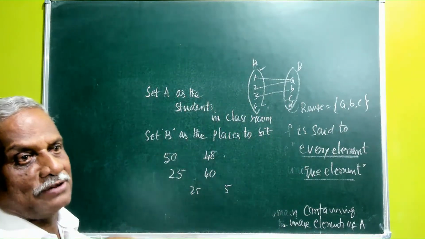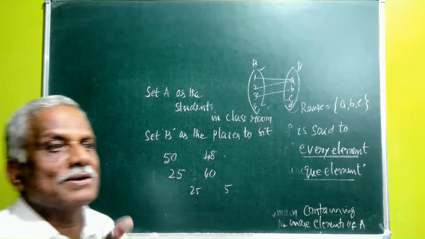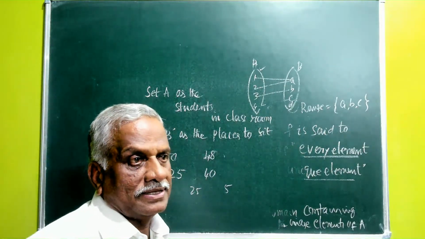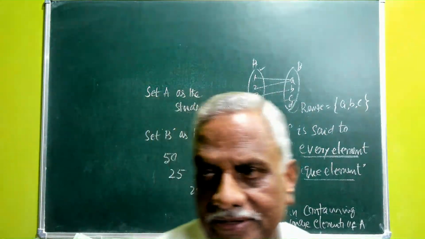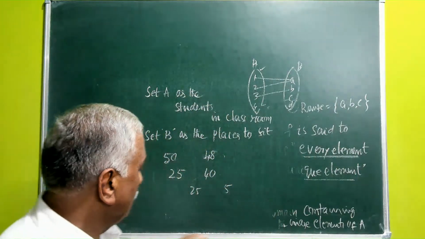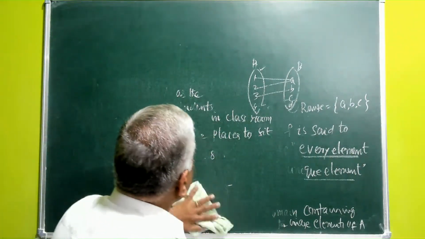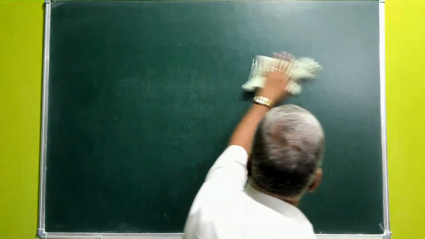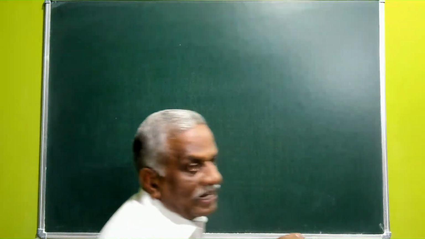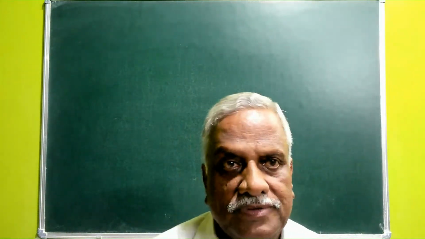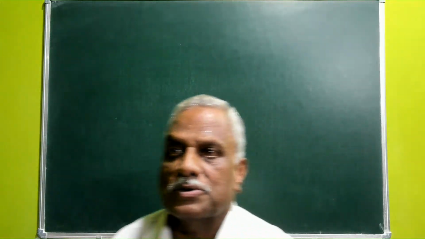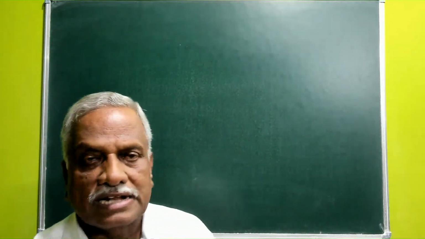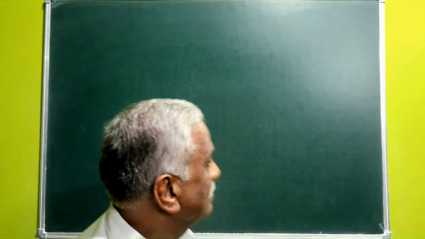Here I will not be able to write those things because each question has 4 or 5 choices, and each choice will have 4 or 5 ordered pairs. I am just giving an example. The moment you notice that an element of A is not associated, or there is an element which goes to 2 places, it is not a function.